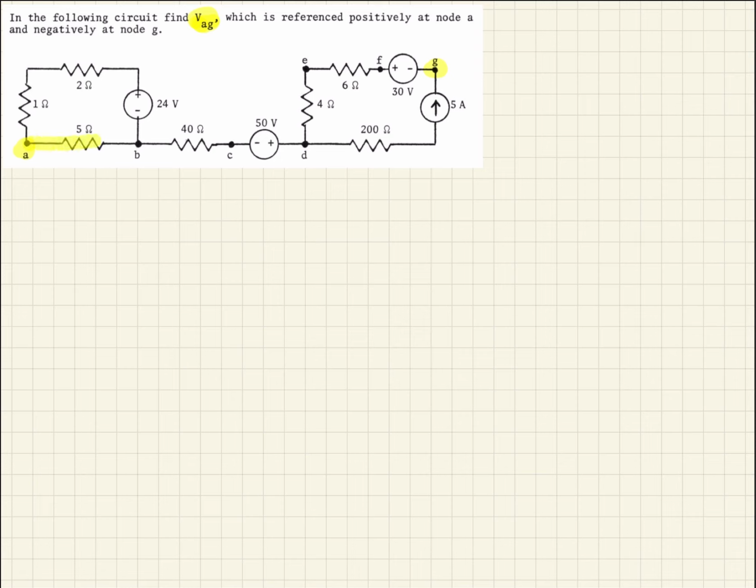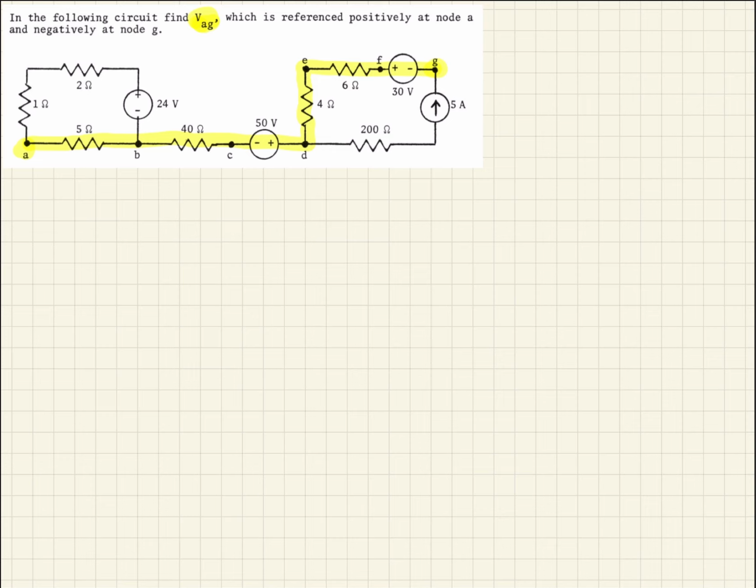So here, the most direct path that we see to get there would be this path here. When we look at that, we see that it's a combination of different points.